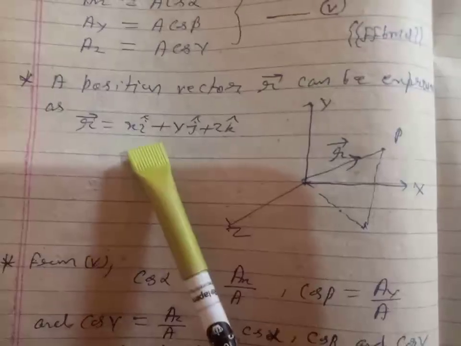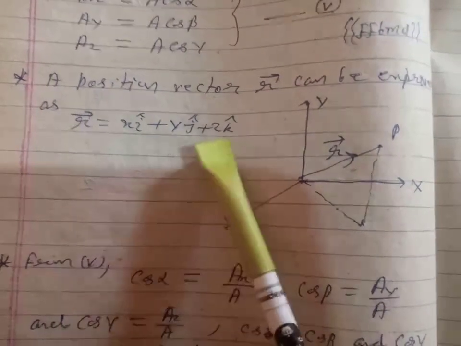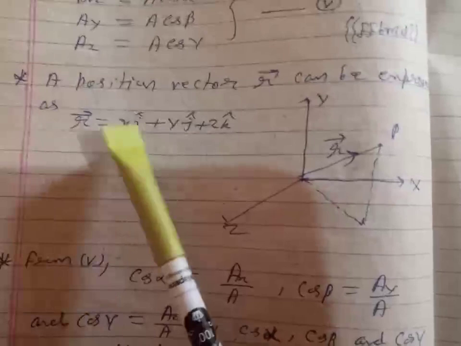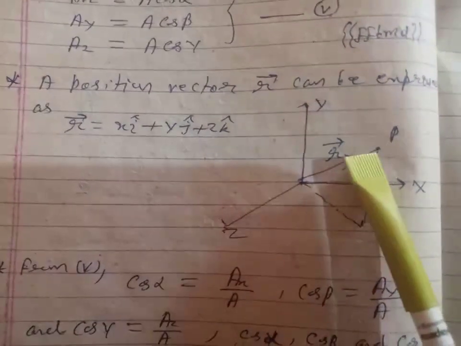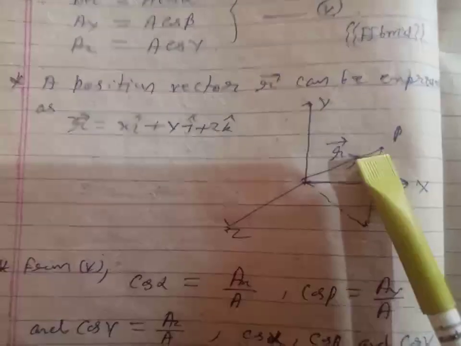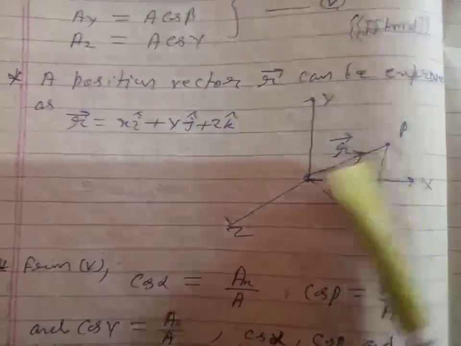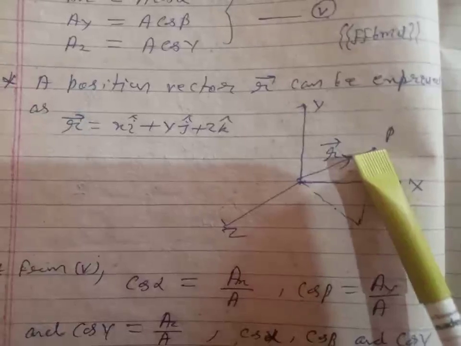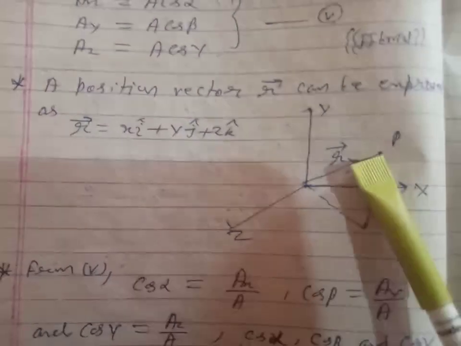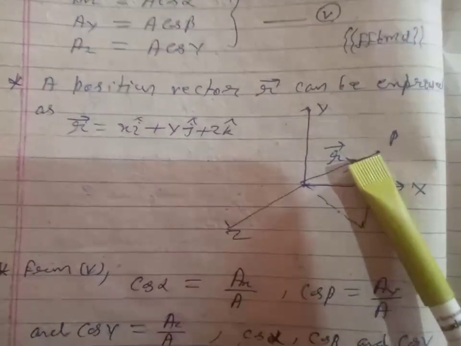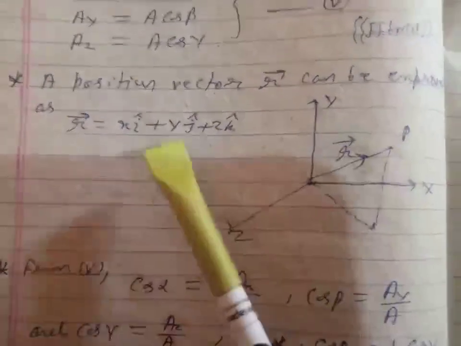So r vector is x i cap plus y j cap plus z k cap, and this is called the position vector in 3 dimensions. That is, this is a vector representing a point P in space, from the origin to that point, and it is represented by r vector.